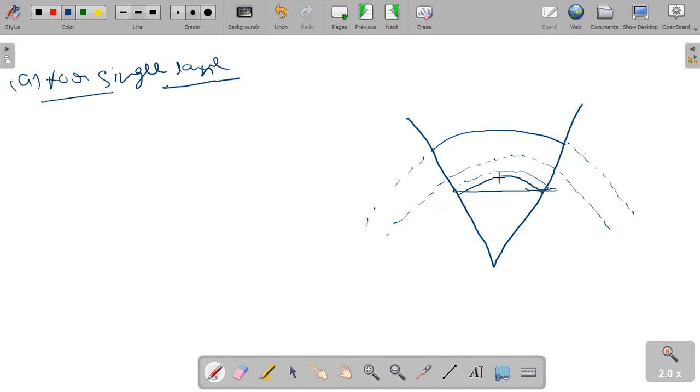Again, let's draw this line. This is alpha by 2. That's A, B. This is our center line.